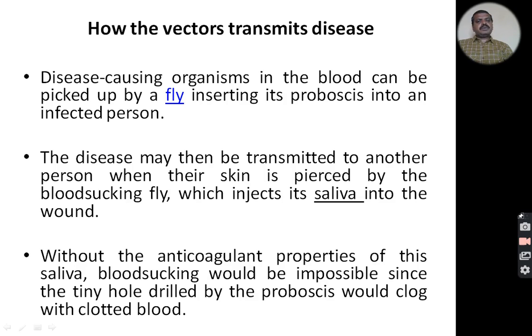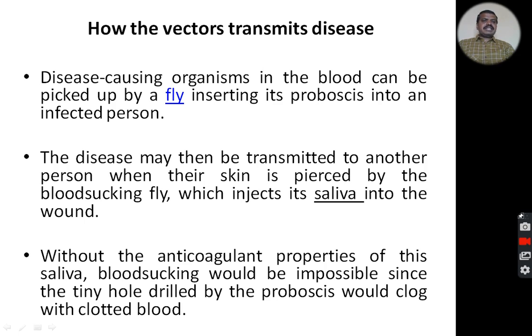When the same mosquito bites another healthy human being, the agent is injected through the saliva into the healthy person, thereby transmitting the disease so that the healthy person becomes sick. Without the anticoagulant properties of the saliva, blood sucking would be impossible, since the tiny hole drilled by the proboscis would clog with clotted blood.